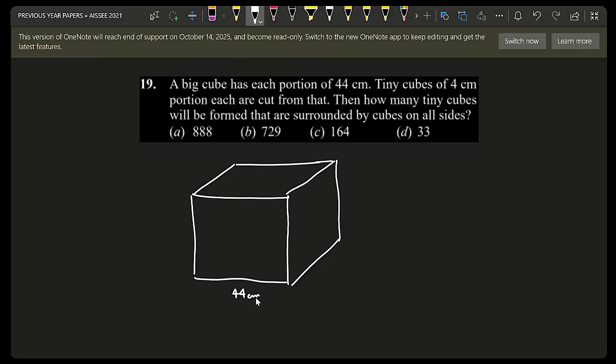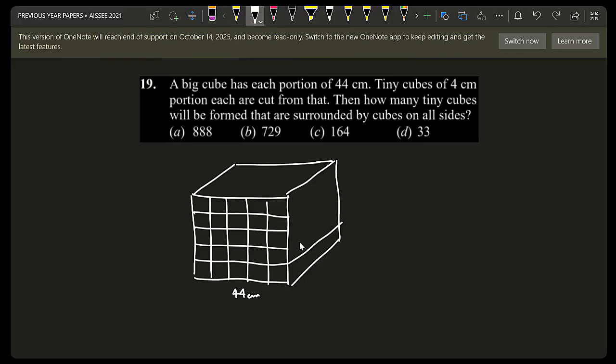First of all, we'll be dividing the 44 into pieces like this. You will get 11 parts on each side because 44 by 4 is 11. But I'm not drawing 11 pieces, I'm drawing only 5.